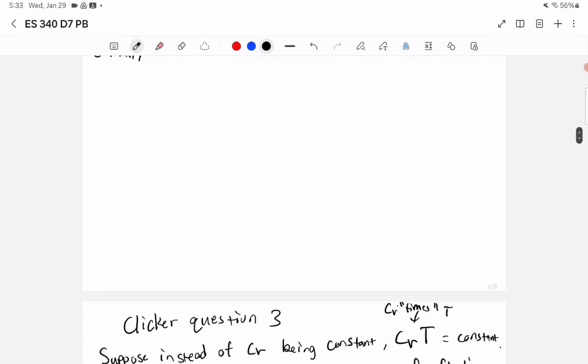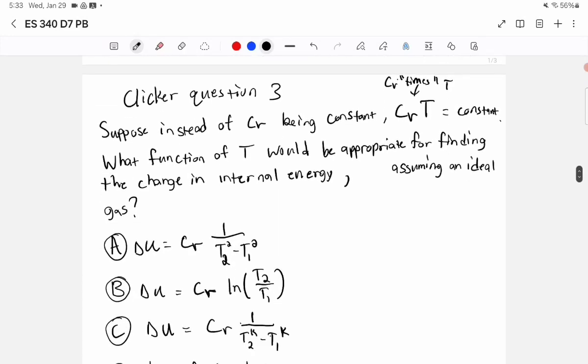So that will lead us into a clicker question now. Suppose instead of CV being a constant like we had above, that CV times T was equal to a constant. What function of T would be appropriate for finding the internal energy?